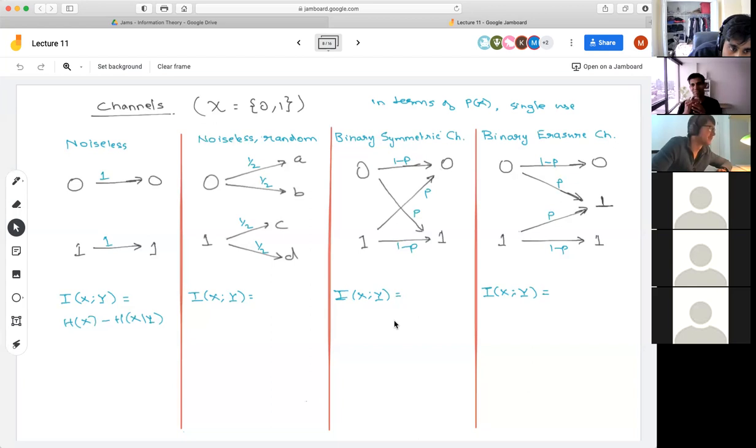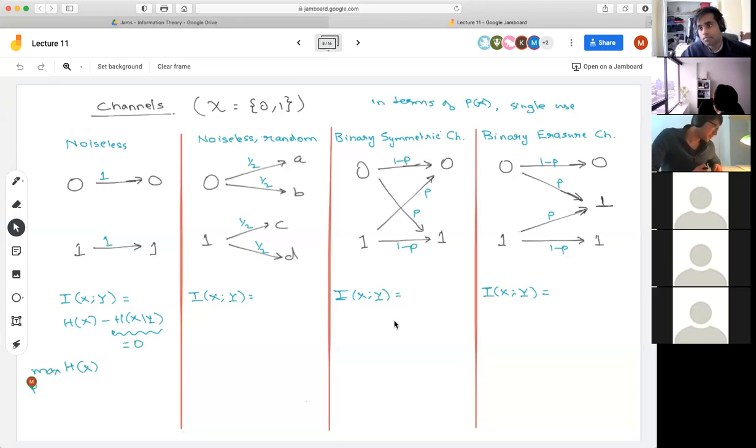Why is that? Well, H of x conditioned on y is 0 because it's fixed. So that goes to 0, then we have H of x. And if x is 0 or 1, then we are trying to maximize the mutual information, to look at the capacity, which is the maximum of the mutual information over the distribution of x.